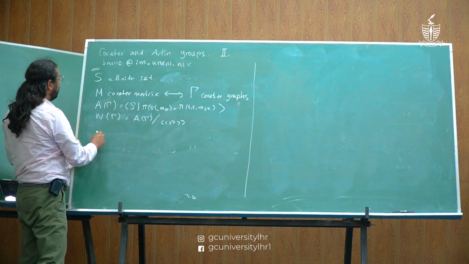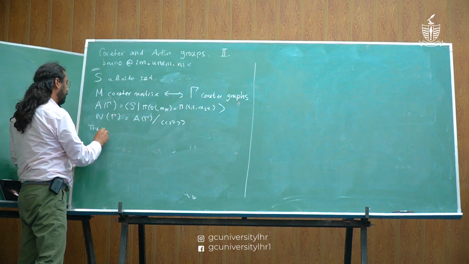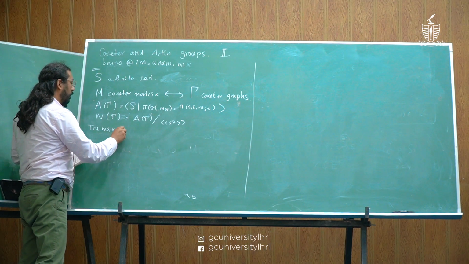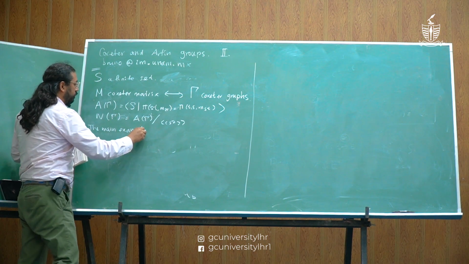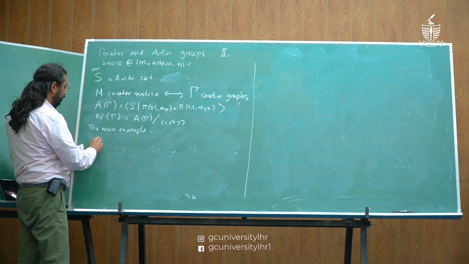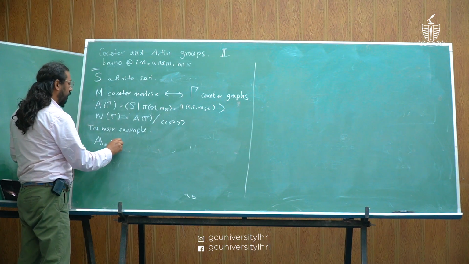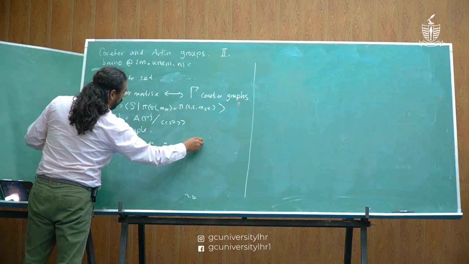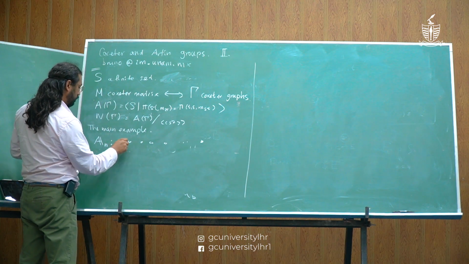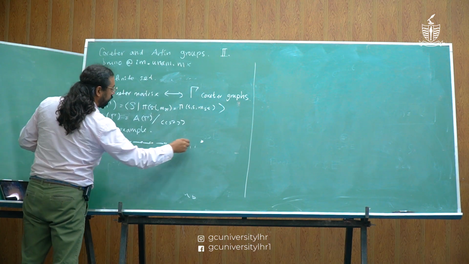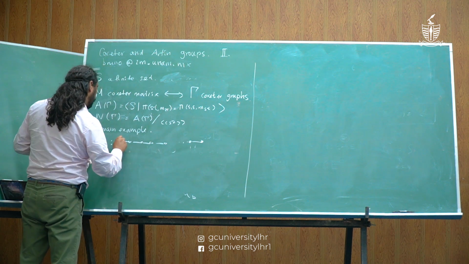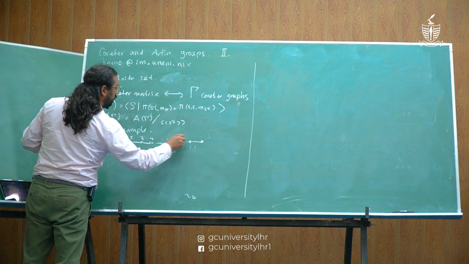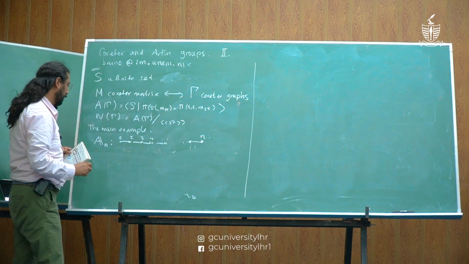And the main example, I will just put the main example, where this graph has vertices 1, 2, 3, 4, just till n.